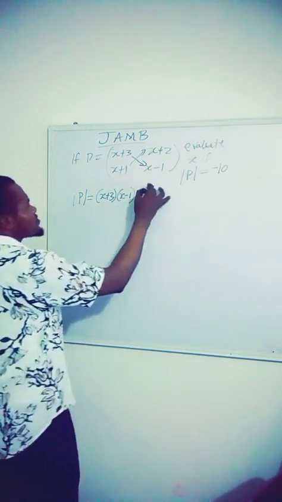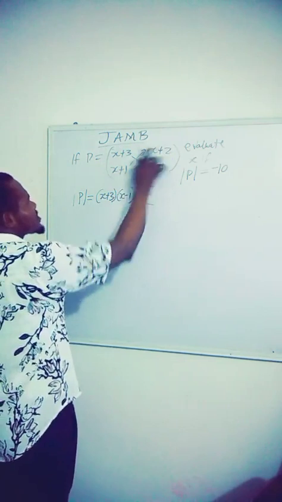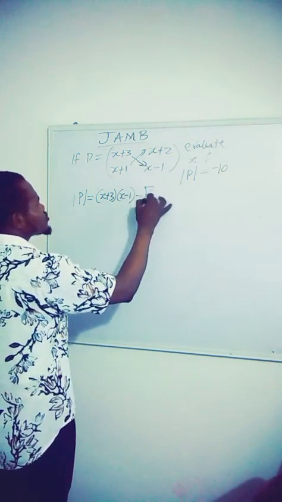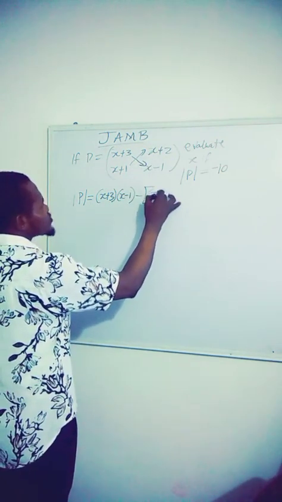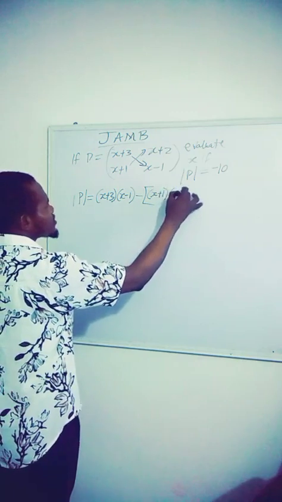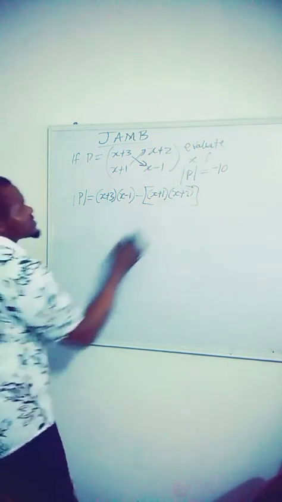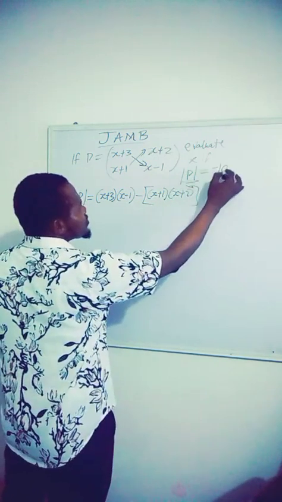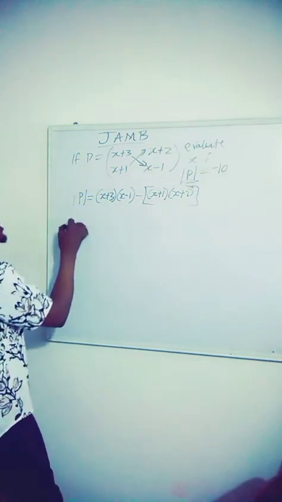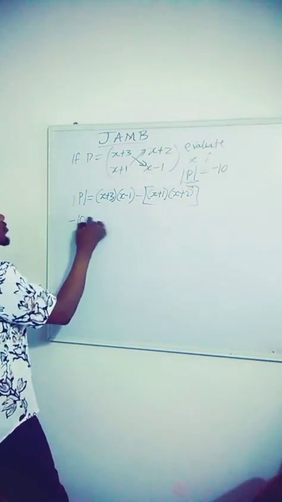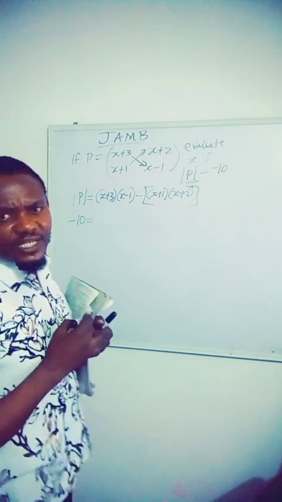Then you subtract the multiplication of the right diagonal, which is x plus 1 into x plus 2. And don't forget that they said our determinant is equal to minus 10. So this is minus 10 equals to, I hope you are getting the flow.